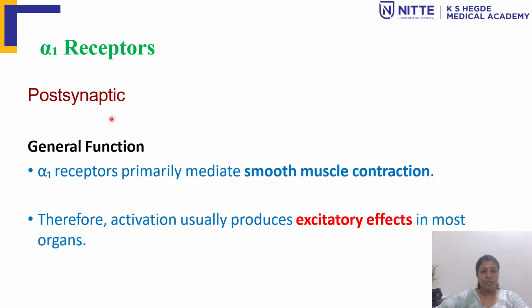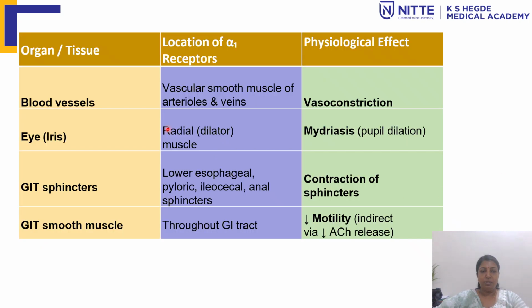Alpha 1 receptors usually mediate smooth muscle contraction. They usually produce excitatory effects in most of the organs, except very few. We'll come to that later.